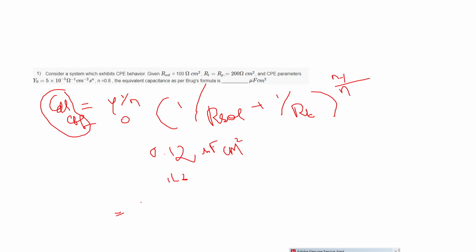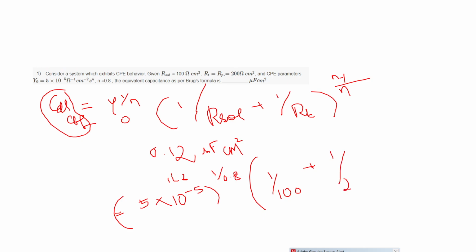Yeah. So what is the Y naught value? Y naught value is given as 5 into 10 to the power minus 5, right? The whole raised to 1 by 0.8. Okay. 1 by R solution, it's 100, plus 1 by RT, this is 1 by 200.